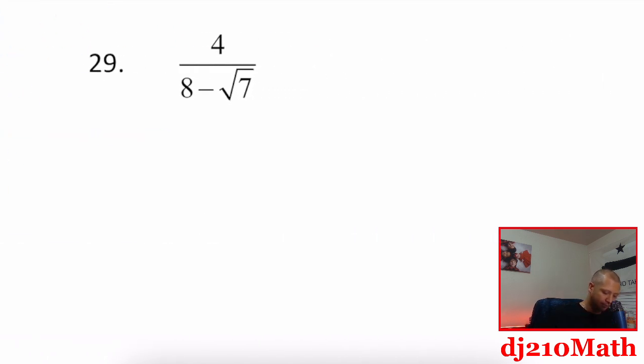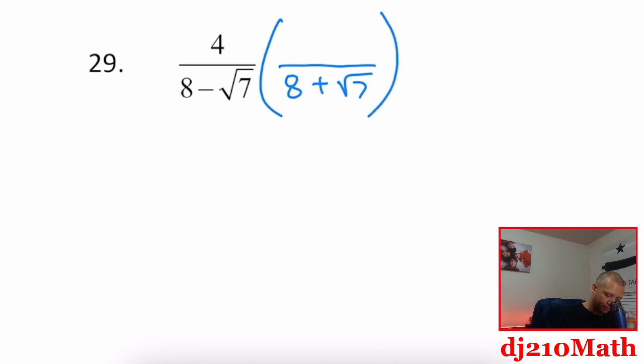All right, last one. Again, square root, and it's a minus. So I'm going to use the conjugate pair. This is going to be 8 plus root 7, top and bottom. Okay, top, easy. Distribute. 32. Distribute.